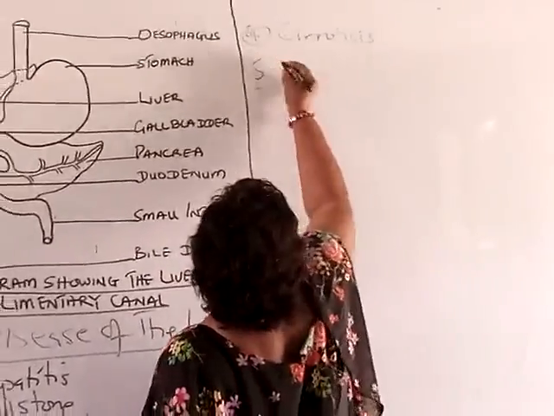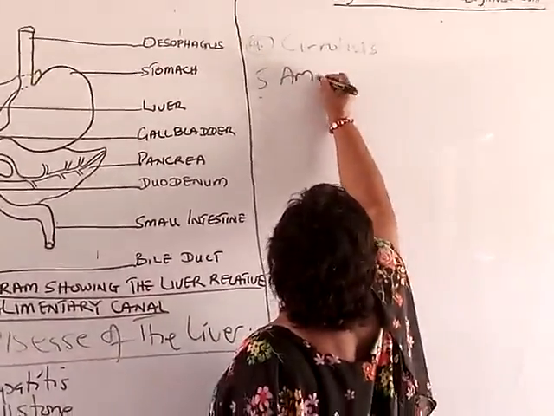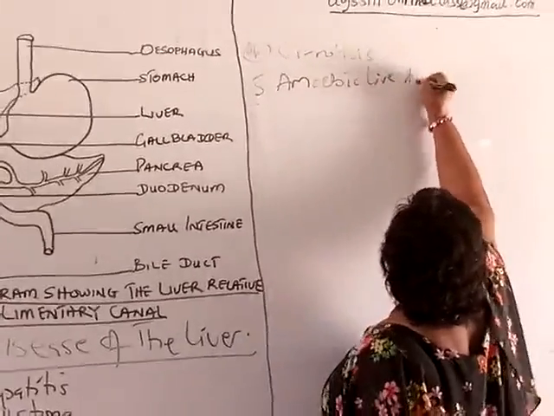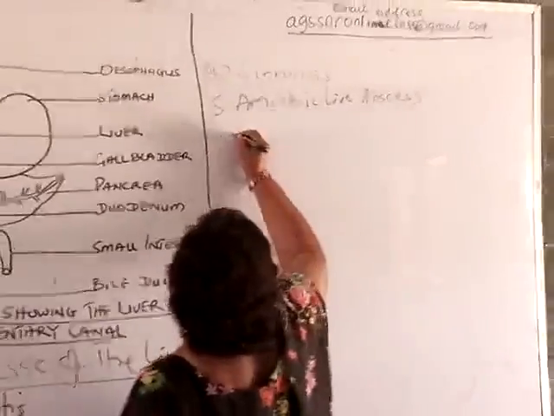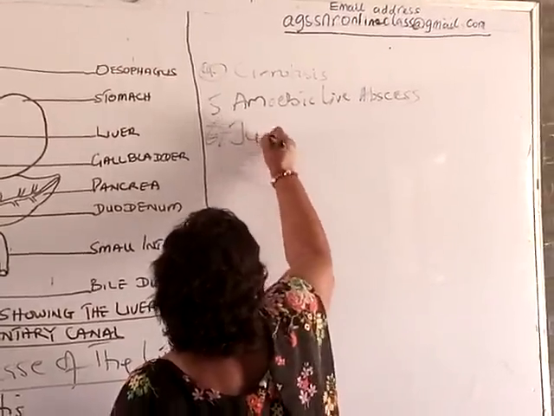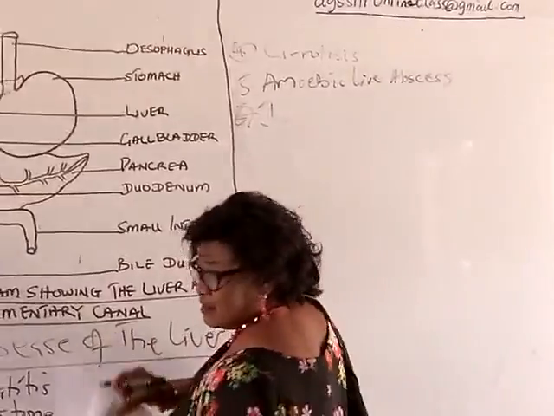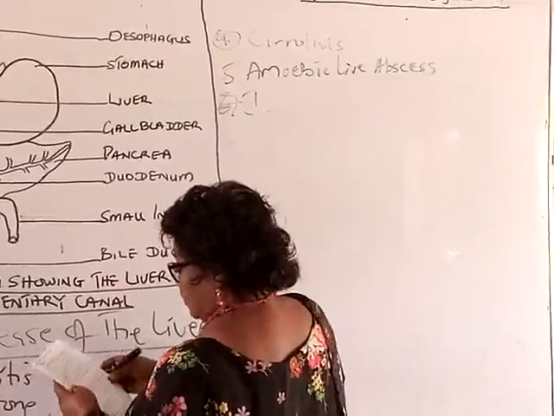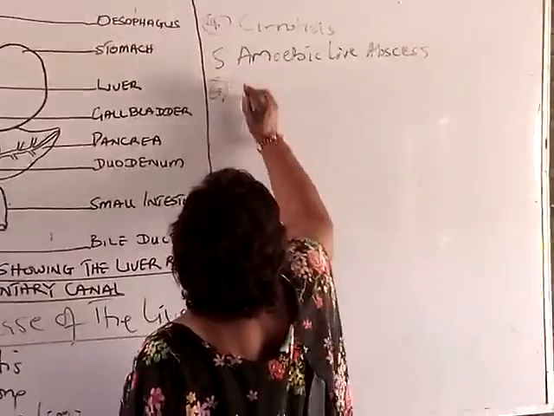The fifth one, amoebic liver abscess. And the last one, which is the sixth one, jaundice.